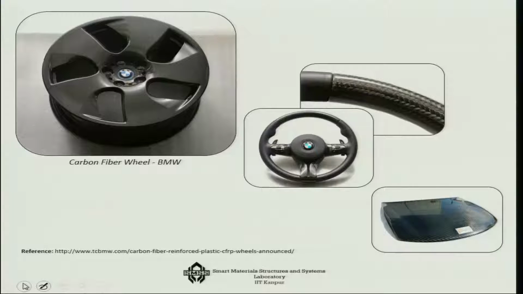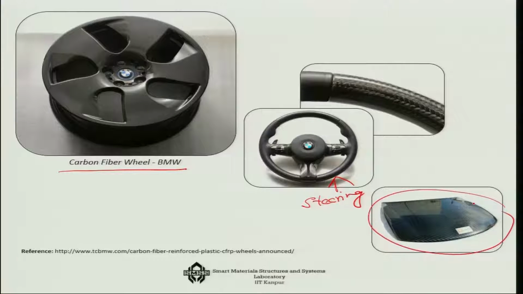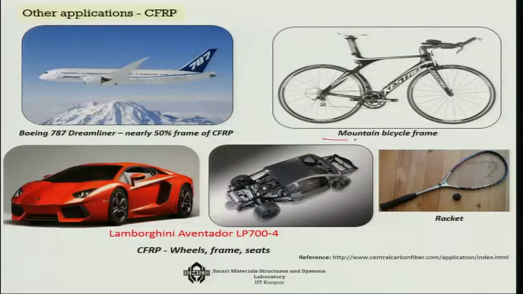As you can see, this is a BMW carbon fiber wheel. This is the steering wheel of carbon fiber, and then there are the special seats, etc. So there are many applications of carbon fiber. You will see bikes, for example, mountain bike frames.